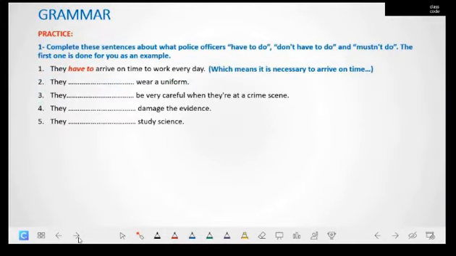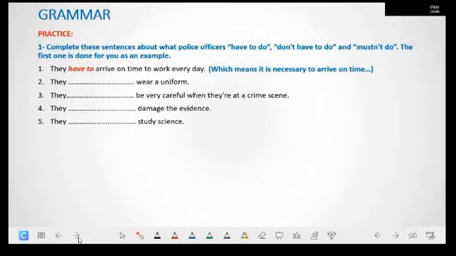All right, we have some practice. So I'll give you 5 minutes to do this activity, just 5 minutes. Complete these sentences about what police officers have to do or do not have to do and mustn't do. The first one is done for you as an example.